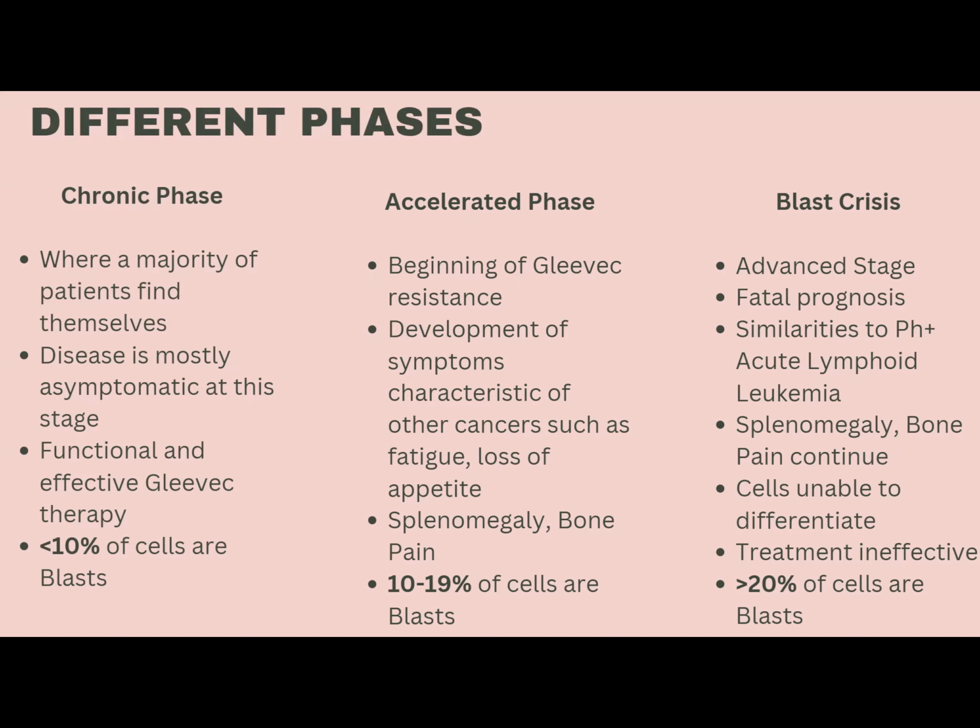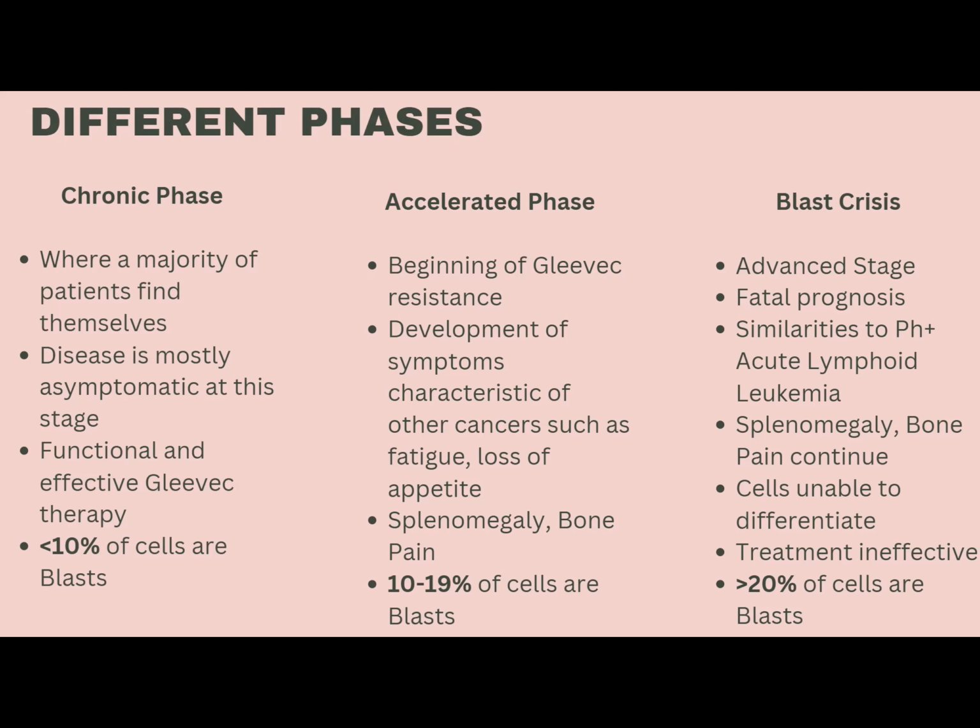Blast crisis is the last stage. It's the most advanced stage, and it has a very fatal prognosis and a high mortality rate. Like I was talking about, the other types of leukemia we won't really cover, but they're very similar in a lot of aspects, such as Philadelphia chromosome positive acute lymphoid leukemia, or ALL.